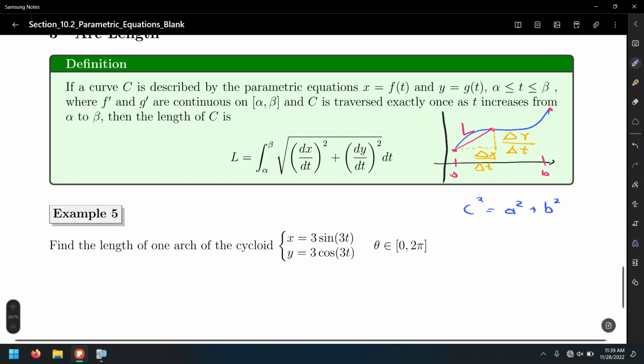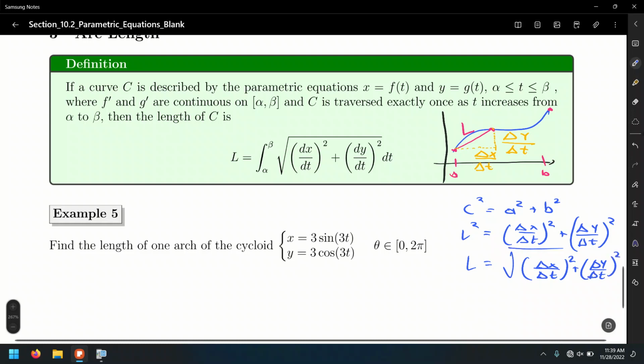Using our labels here, that's L squared equals the quantity delta x over delta t, squared, plus the quantity delta y over delta t, squared. Taking the square root, L equals the square root of the quantity delta x over delta t squared plus the quantity delta y over delta t squared.